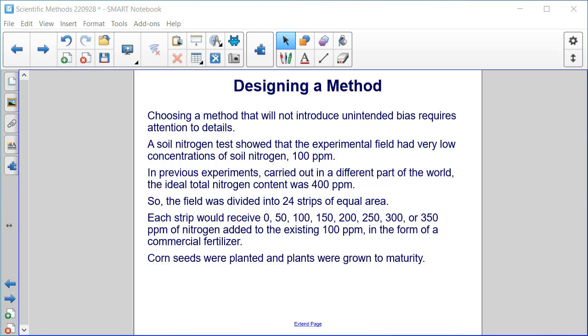So, the field was divided into 24 strips of equal area. Each strip would receive 0, 50, 100, 150, 200, 250, 300, or 350 parts per million of nitrogen added to the existing 100 parts per million in the form of a commercial fertilizer. Corn seeds were planted and plants were grown to maturity.